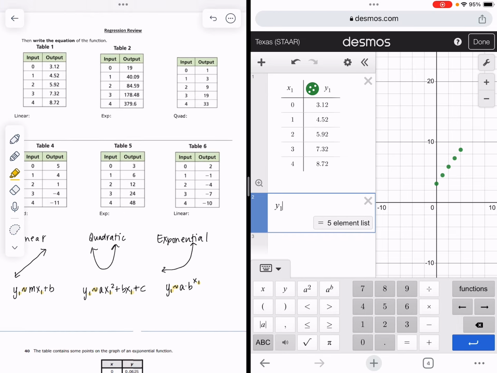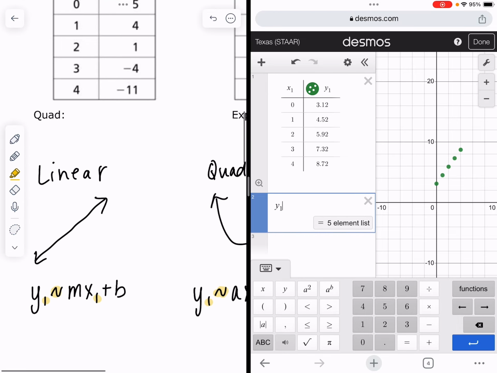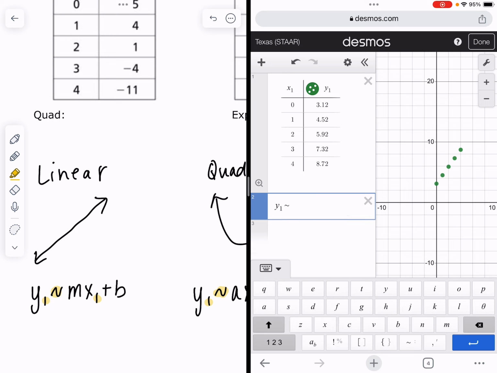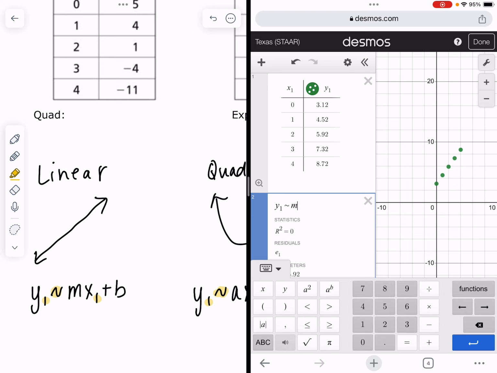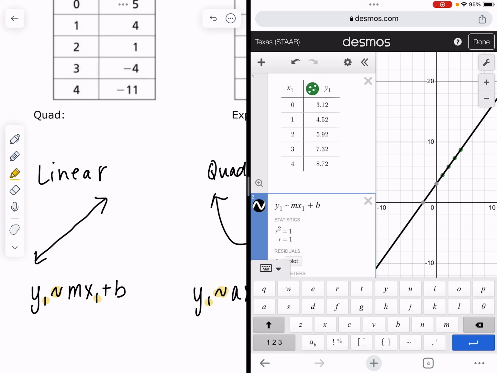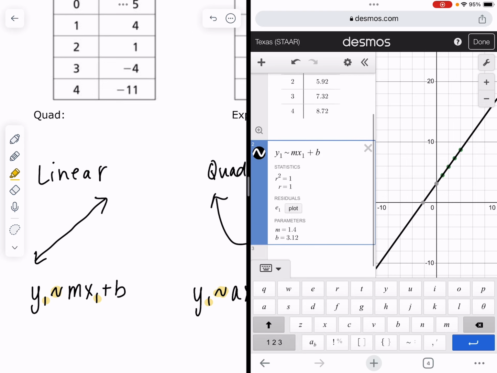After your table is in Desmos, you're going to type y1, and since this is linear, we're going to type the linear equation: y1 tilde m x1 plus b. You'll have to memorize these tilde equations because they're not on your formula chart.